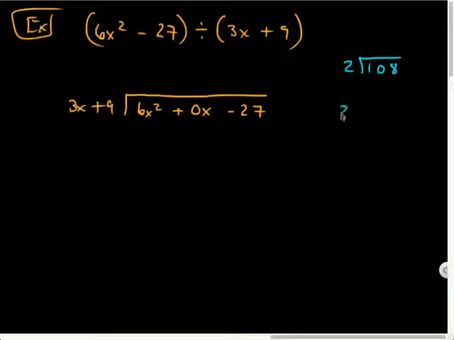Now, would I ever write this though? No, because this 0 doesn't matter to me, right? Yeah, it's the fact that it's in between that matters, okay? So that's the same thing that's going on here. Whatever my highest degree is, I need to account for every degree less than that down to my constant, okay? If I don't put that there, it's really going to mess up my work.